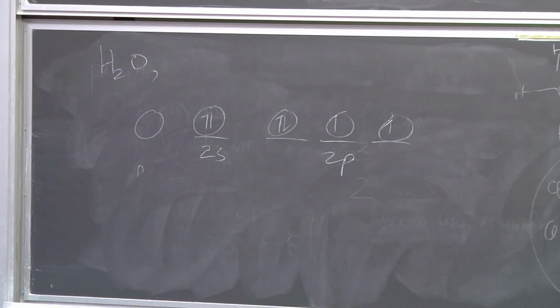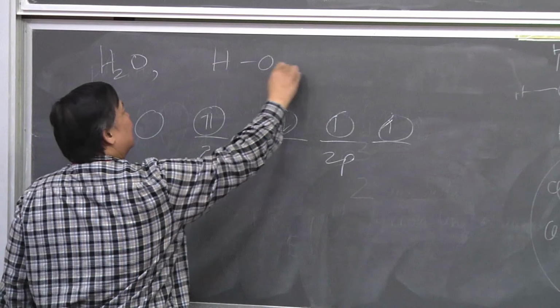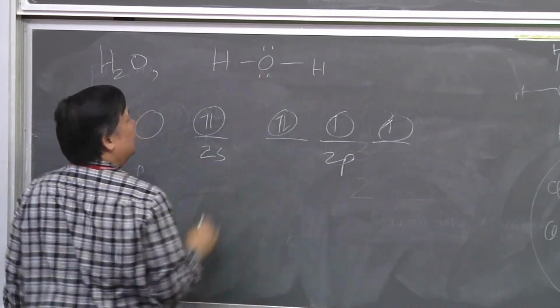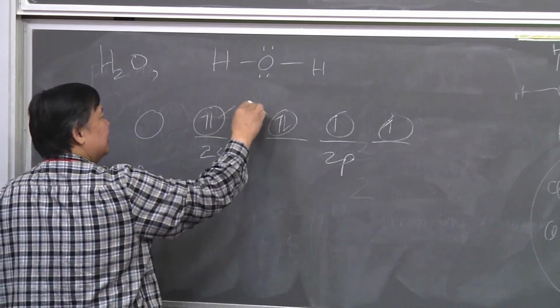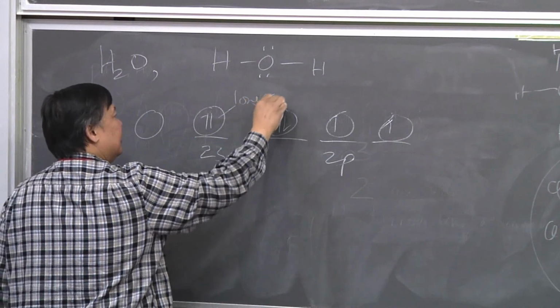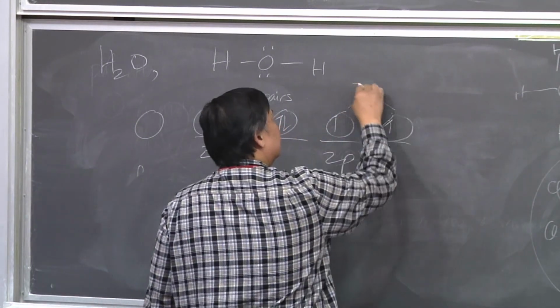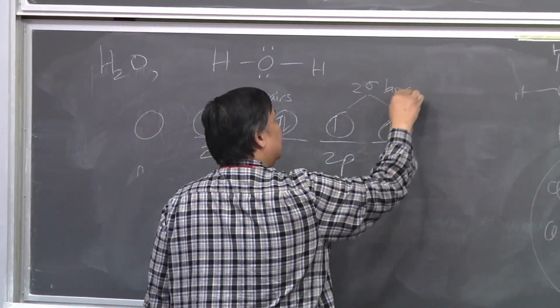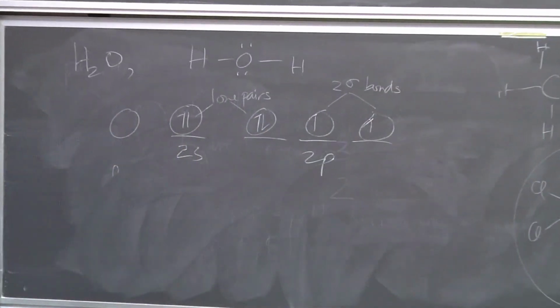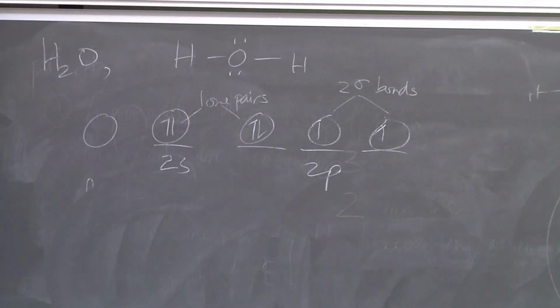So if we need to make a bond, we need a half-filled orbital. If we need to make a lone pair, what do we need? A full orbital, right? So in fact, this will be your lone pairs, and this will be your two sigma bonds.